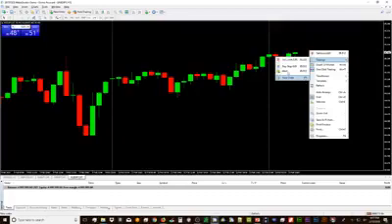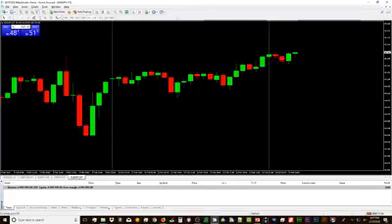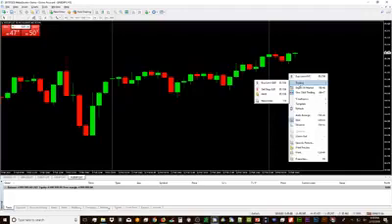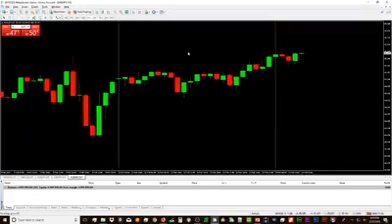Then also you can come up here to the top and click new order. So whichever way you like, you can right click on the chart, go down to trading, click new order, or press F9 on your keyboard.